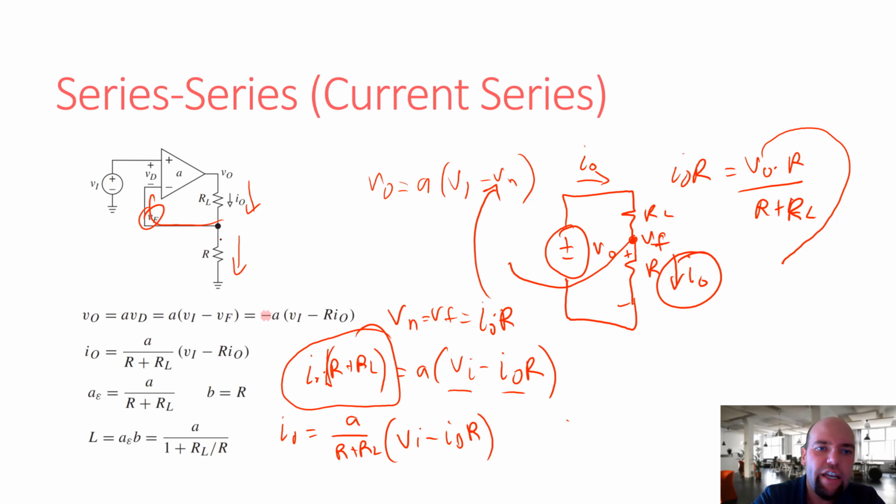R is in series with RL. And then R is converting that sampled current into a voltage, which is what we're adding to V in. So this is the voltage which is proportional to the current, which was sampled in series, which is now being combined with the V input.